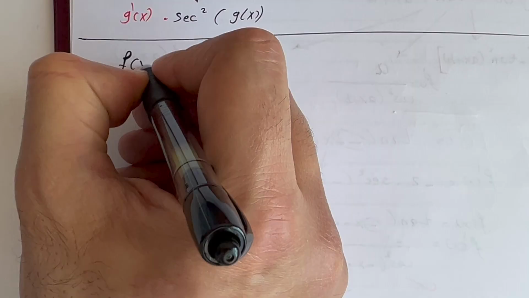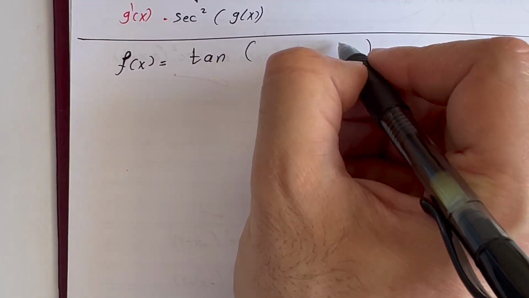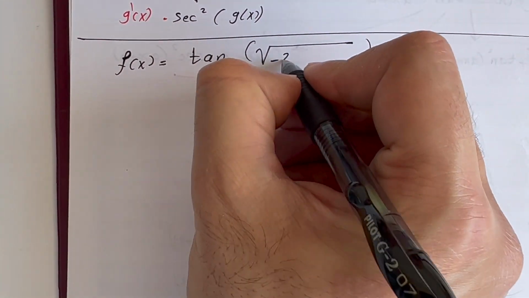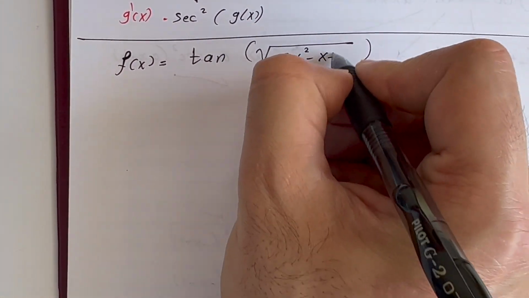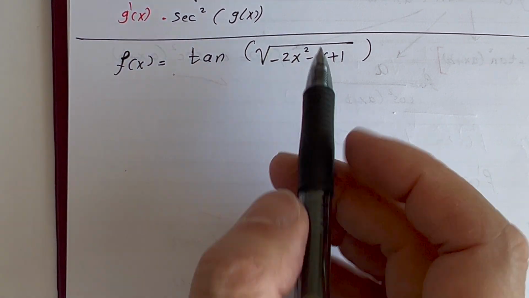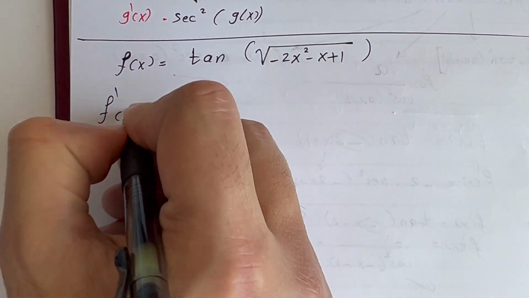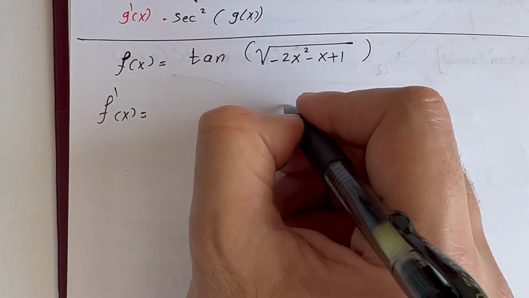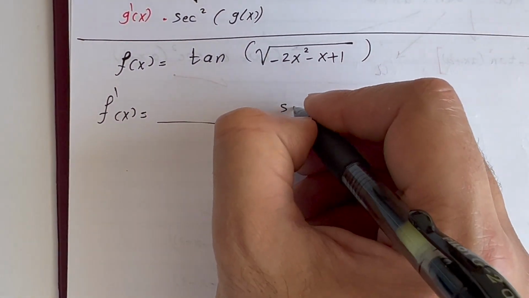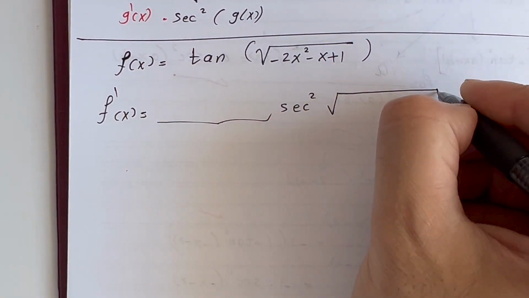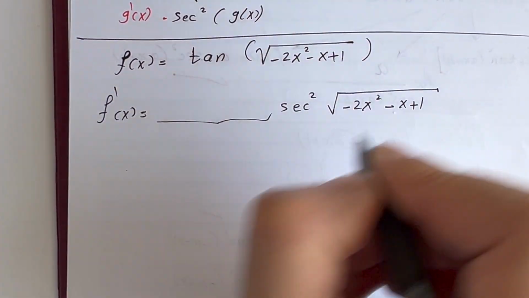Example for that, f(x) equals tan of the square root of (-2x squared minus x plus 1). So there is a radical function inside a trigonometric function. Let's use this one, sec squared. So keep some space here. Sec squared, the same angle. So tan will be sec squared, let's say.